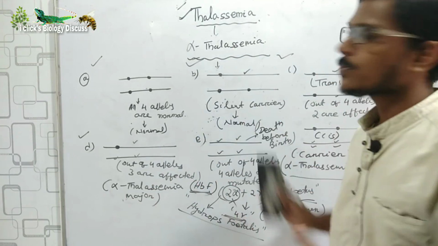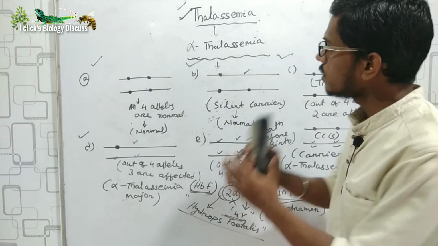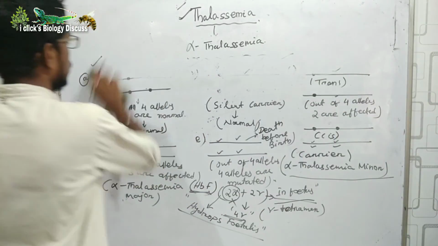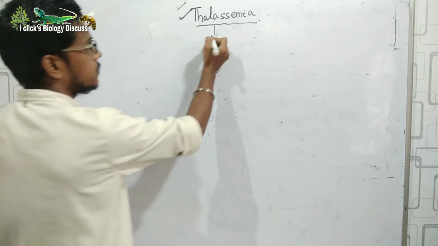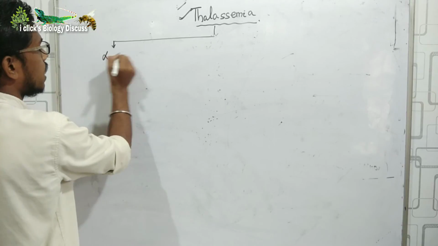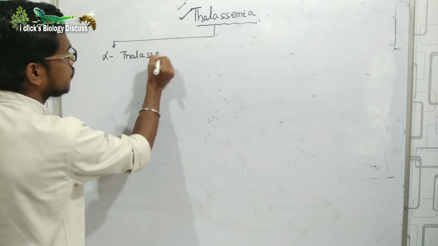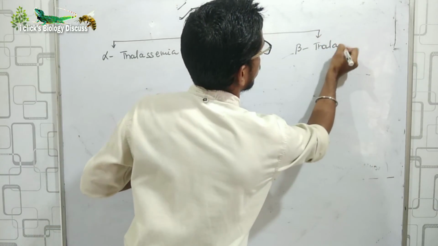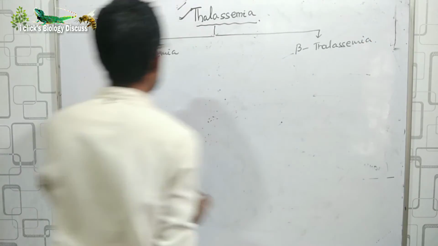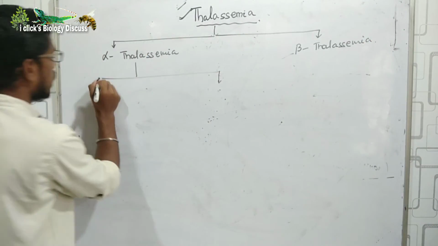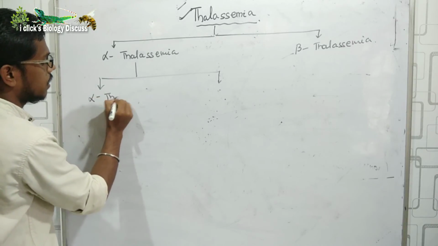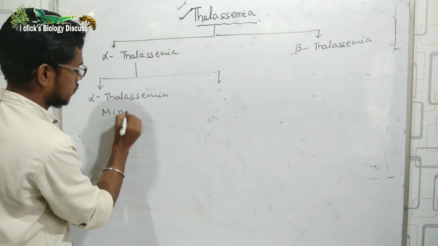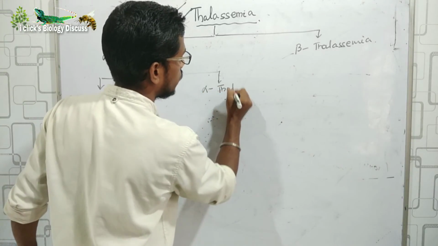What are the types of thalassemia? We have discussed in the lectures. Let's have a look. There are mainly two types of thalassemia. One is alpha thalassemia, another is beta thalassemia. Alpha thalassemia is again of two types: alpha thalassemia minor and alpha thalassemia major.